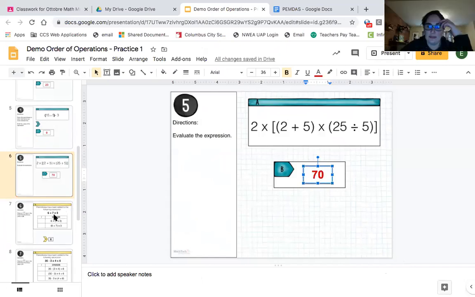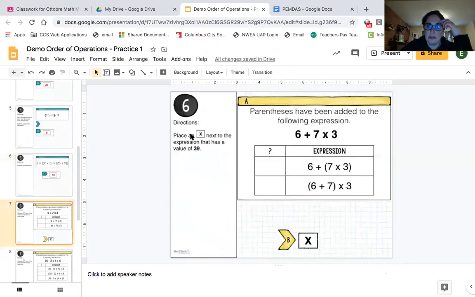All right. Place an X next to the expression that has a value of 39. Parentheses have been added to the following expression. Go ahead and write that down: 6 plus 7 times 3.